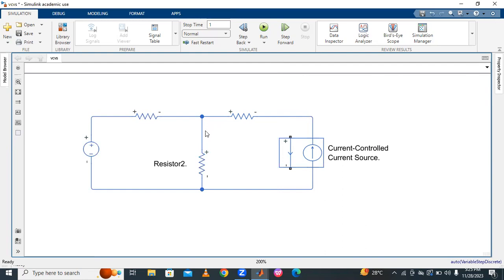And then connect it in series. The positive terminal connects here, with current entering in this way and leaving to connect here like this.